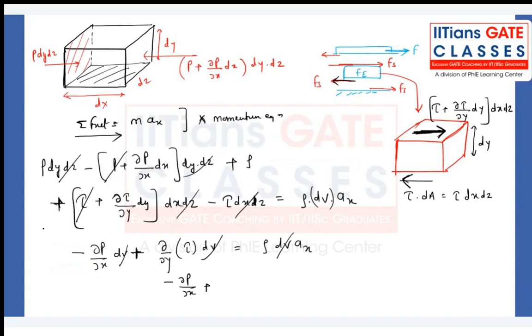What is the body force we can write? For example, bx into dV. So here we will also have plus bx into dV. This will cancel out. So dou by dou y of tau plus bx is equal to rho into ax, where bx is the body force per unit volume.